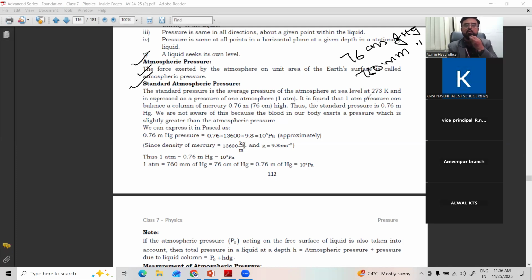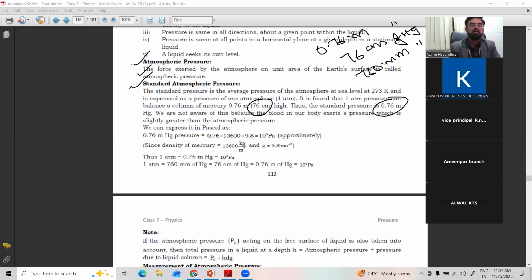It is found that 1 atmospheric pressure can balance a column of mercury 0.76 or 76 centimeter. Thus, the standard pressure is 0.76 meter Hg or 76 cm or 760 mm.